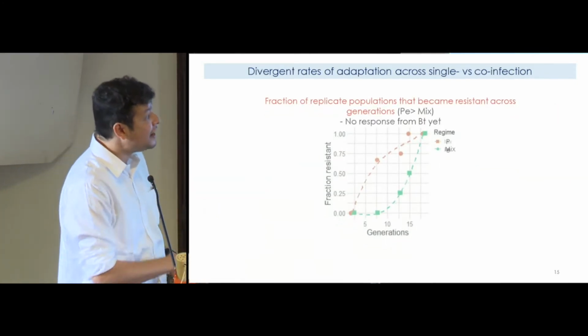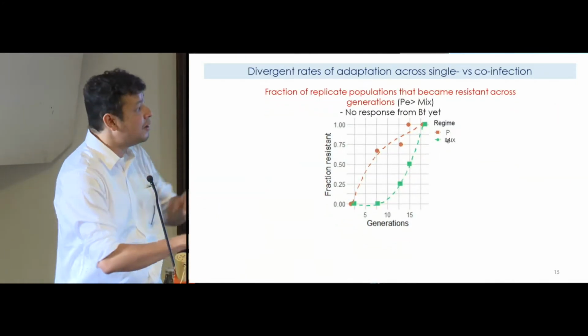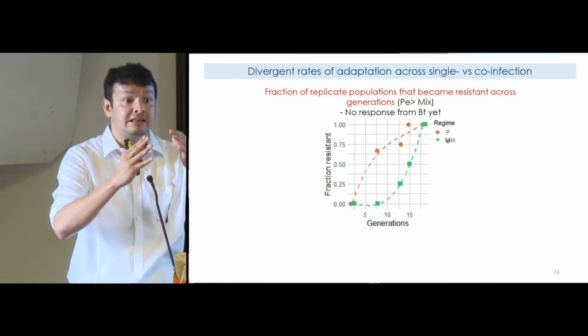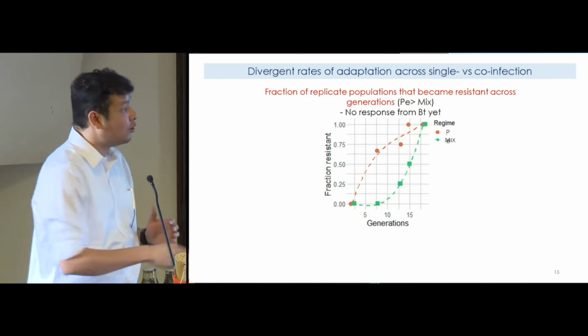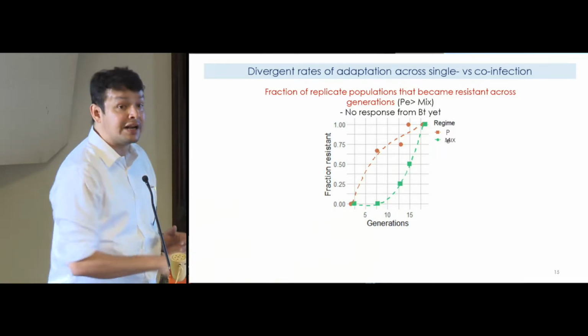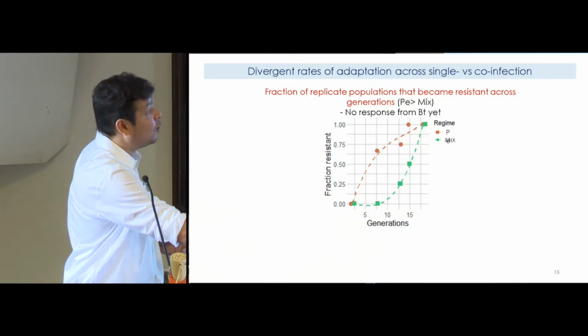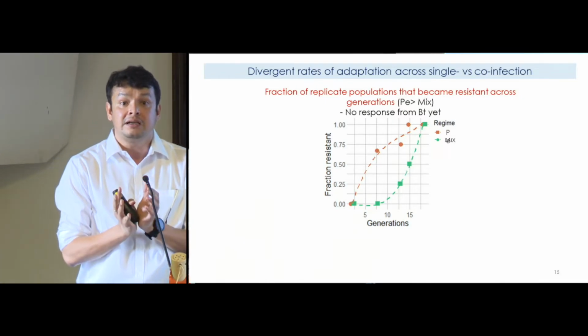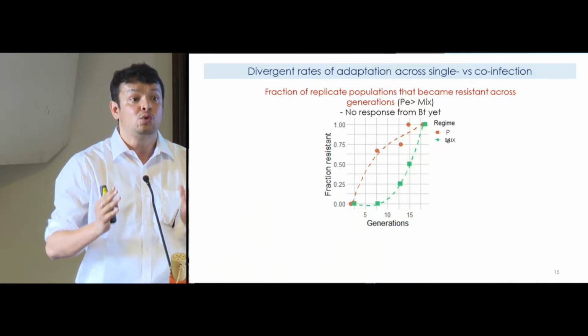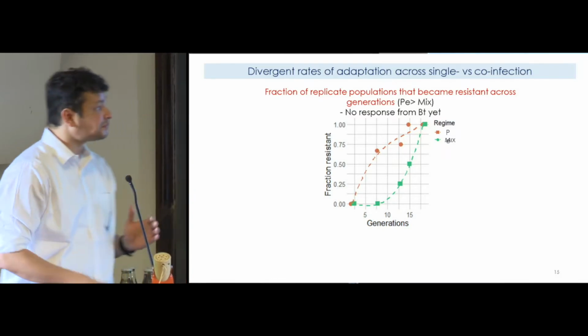We found a very interesting depiction of the graph. It just shows how divergent the rate of evolution could be. The red line is the Entomophila selected lines, and the green is the mixed infection lines. Ultimately, they're possibly going to the same fate, but the response has been taking different pathways altogether, right?